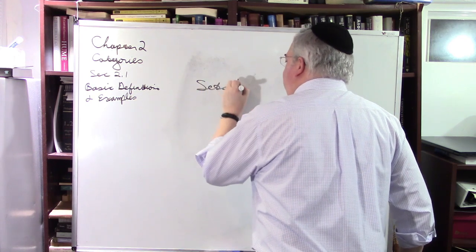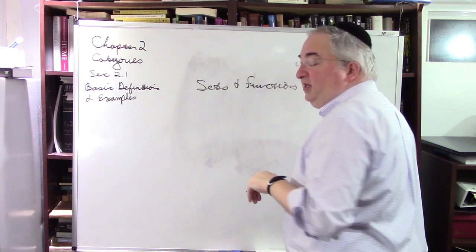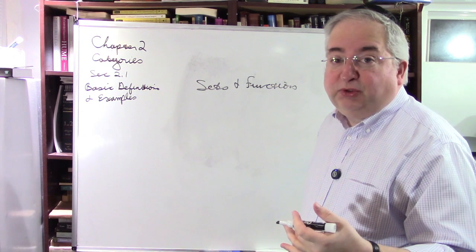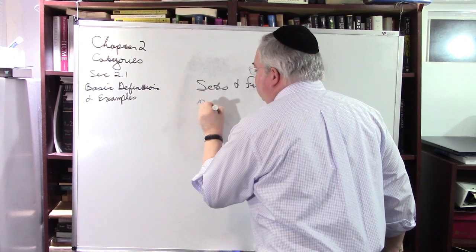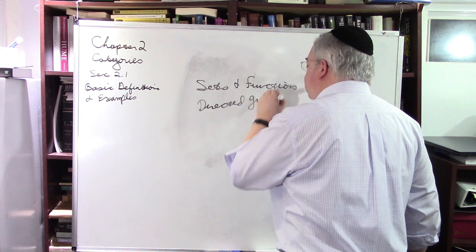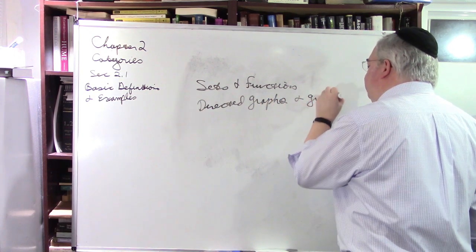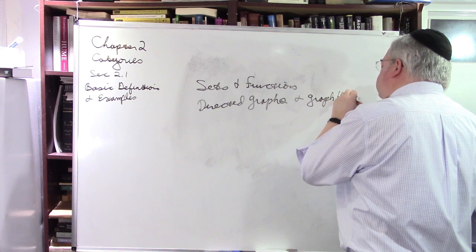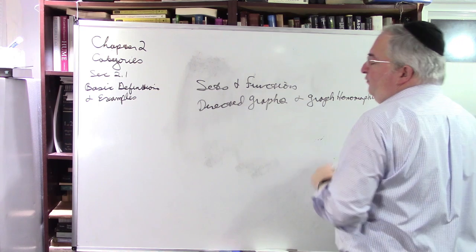Sets and functions: the collection of sets and the functions in between them form a category. Directed graphs and graph homomorphisms form a category.